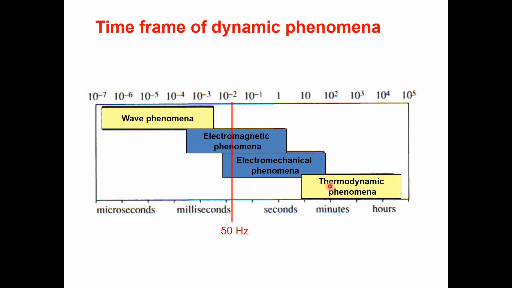Then if you talk about the generator behavior, it could be somewhere here. And if you talk about the generator behavior during a fault, then it would be somewhere here. And then the dynamics involved when there are just some lightning surges and so on, it will be somewhere here. So the complete power network is exposed to wide different phenomena, and these phenomena have a wide range of time durations, right?